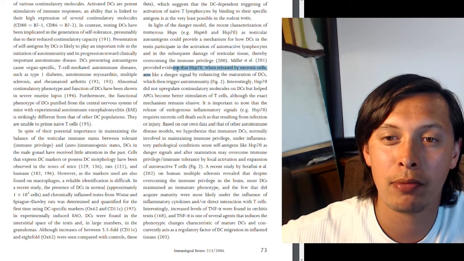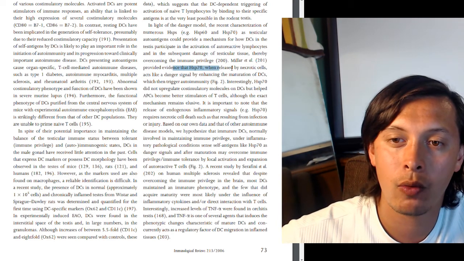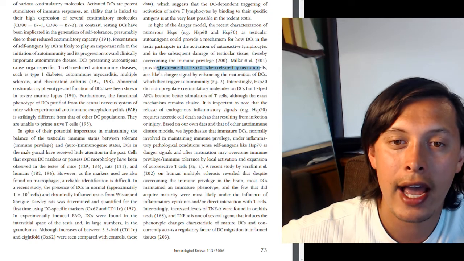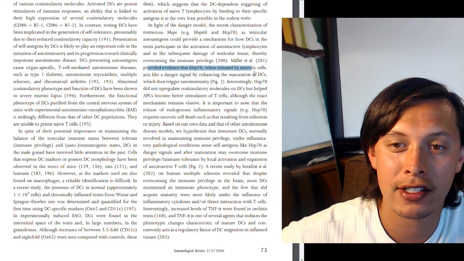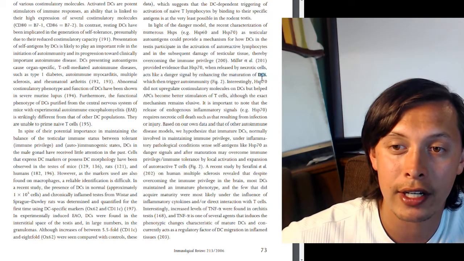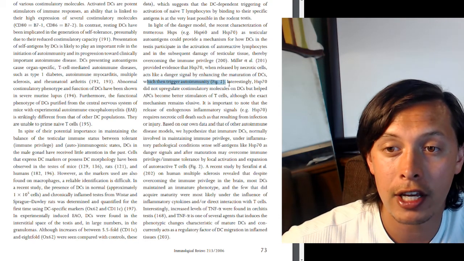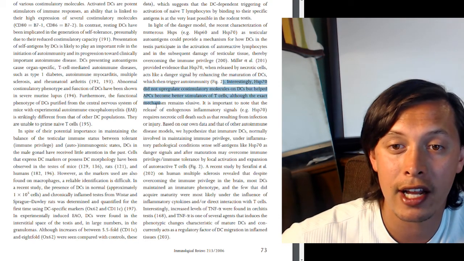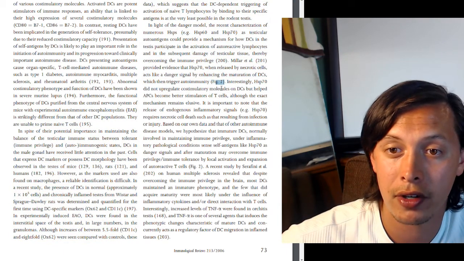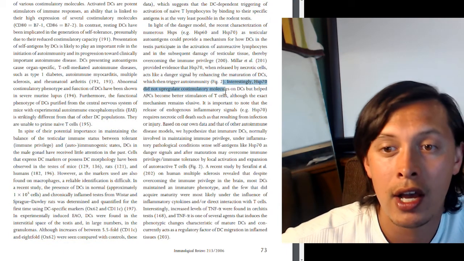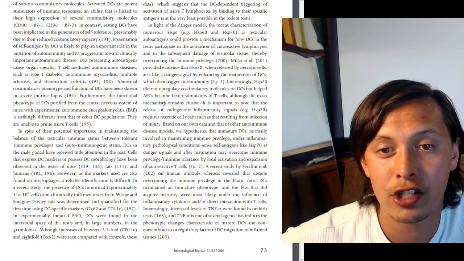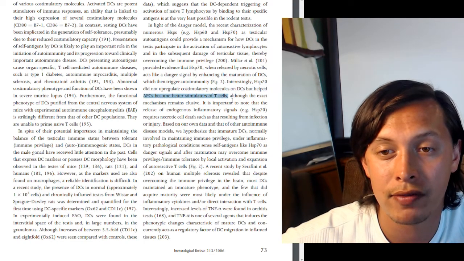Anyways, provided evidence that heat shock protein 70, when released by necrotic cells, acts like a danger signal by enhancing the maturation of dendritic cells, which then trigger autoimmunity. Interestingly, heat shock protein 70 did not upregulate co-stimulatory molecules on dendritic cells, but helped antigen-presenting cells become better stimulators of T cells.